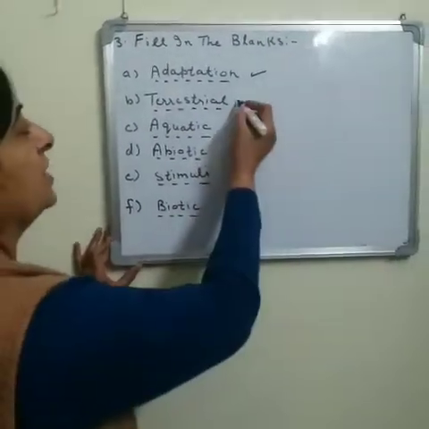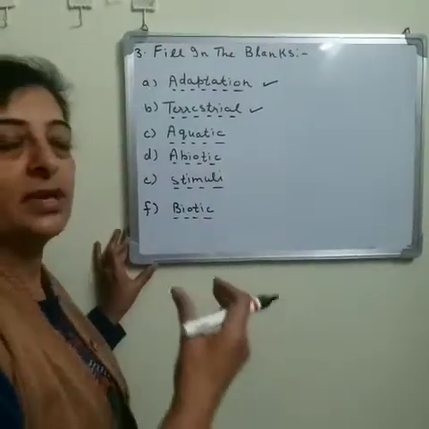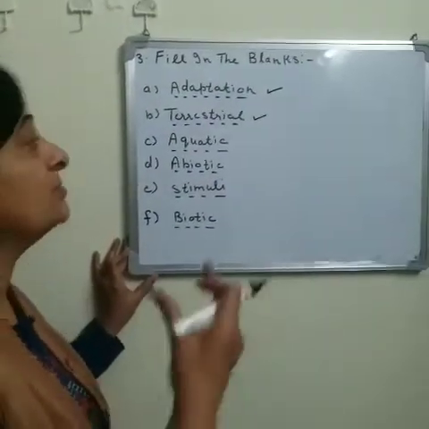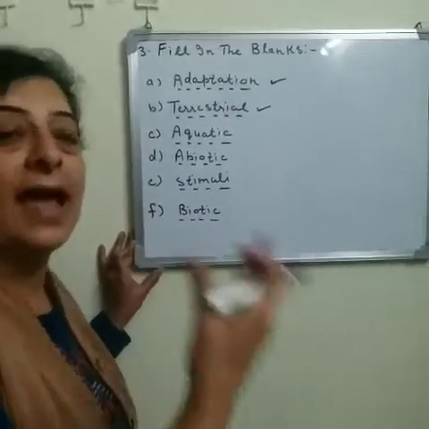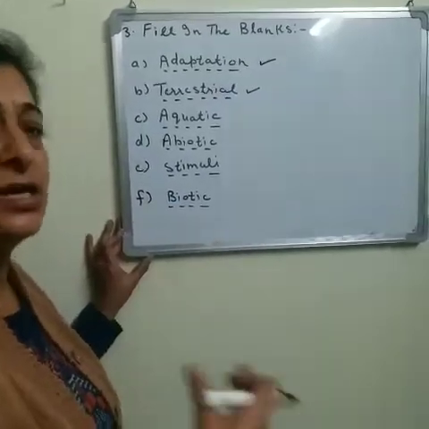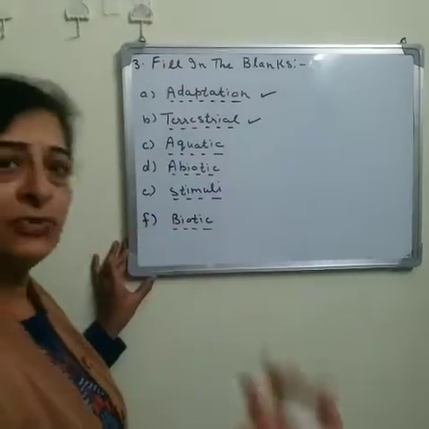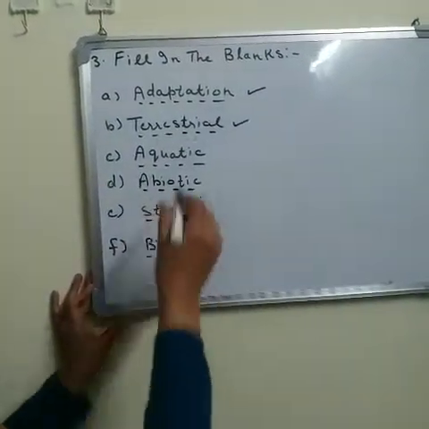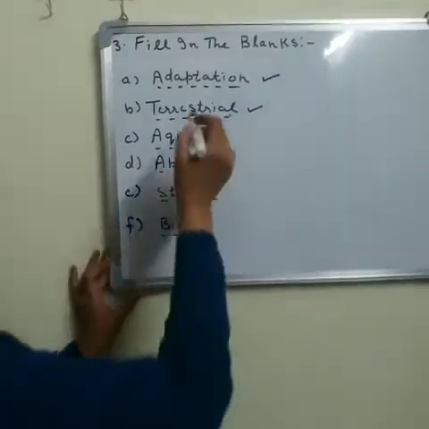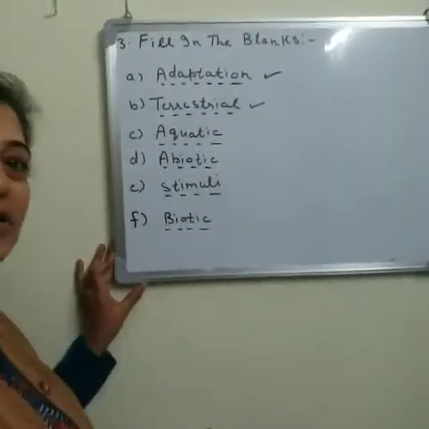Now the next one. If the living organisms live on land, where grasslands are there, forests are there, mountain areas are there, polar regions are there, which habitat are they living in? They are living in a terrestrial habitat.